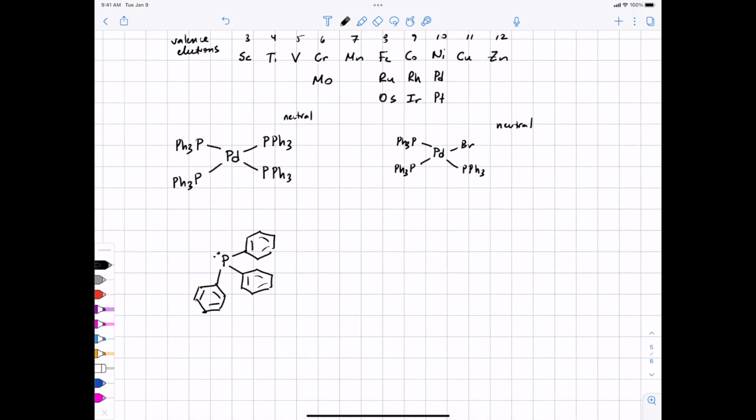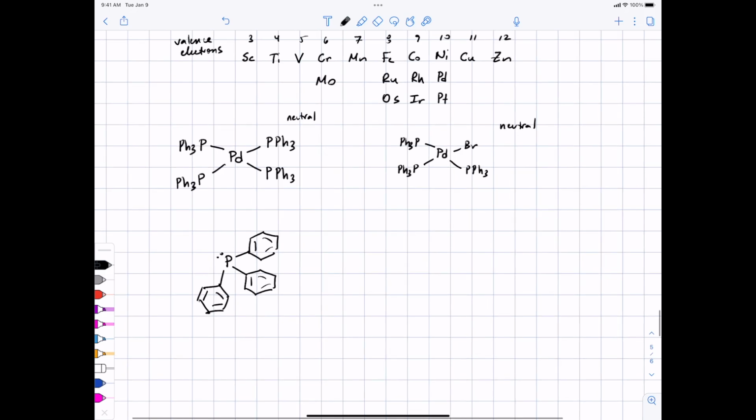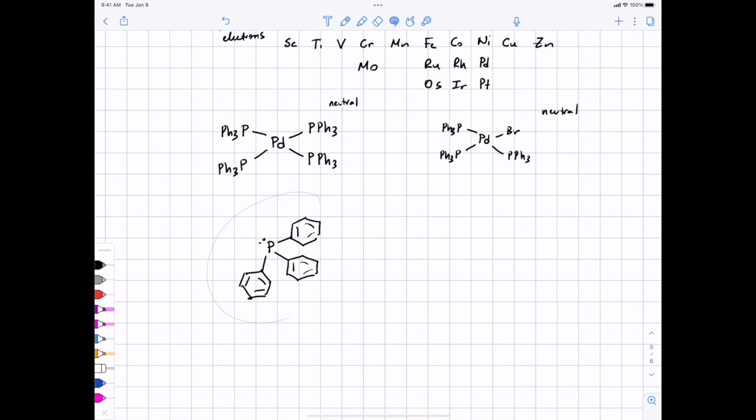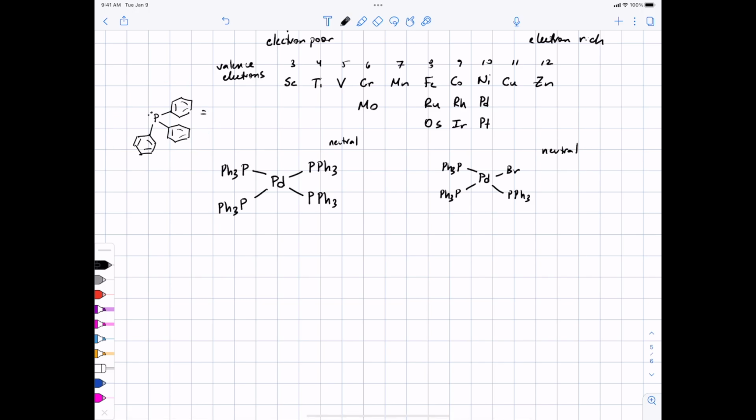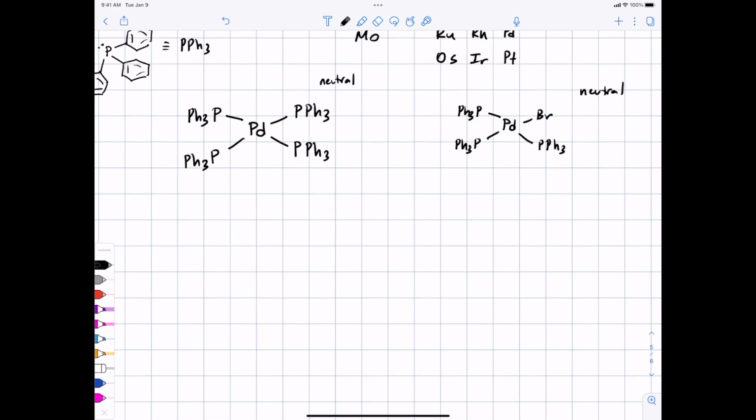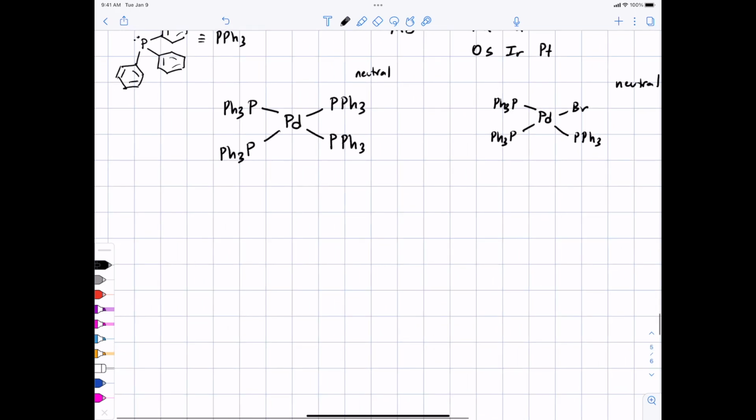Now, there are 2 different kinds of groups that can participate in organometallic transition metal type complexes. The groups that are attached to the transition metal are called ligands. Okay? So, these groups are all ligands.